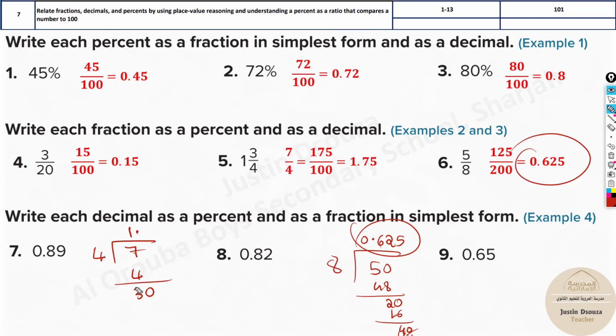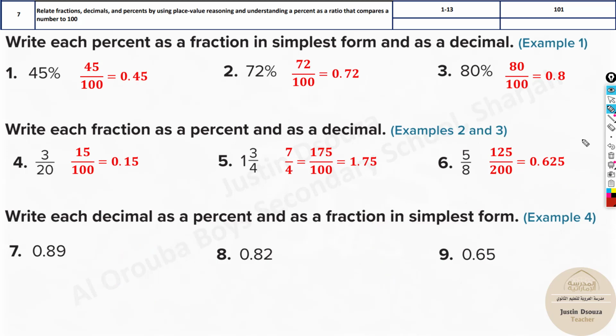Now 7 times 4 is 28. Now 2 remains. 4 5 times is 20. Every time once you put a decimal point, you keep on adding zeros. Okay, that is the rule. So this is one way to get it. Whichever method is easy for you, just use that method.